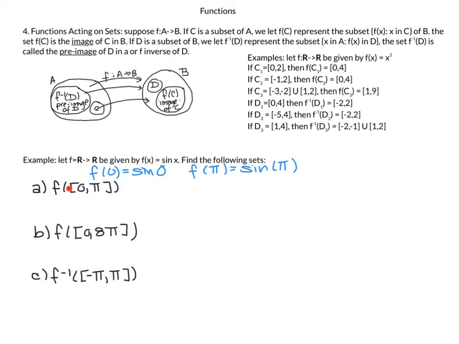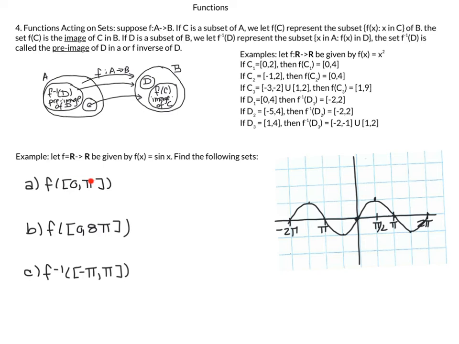So in other words, you want to realize when you get something like this, you're asking what is the image of 0 to pi under the mapping f. So here is C, which is a subset of my real numbers, and I want to know what the image is, f of C. So here is my subset of my domain from 0 to pi. I want to know what the image is.